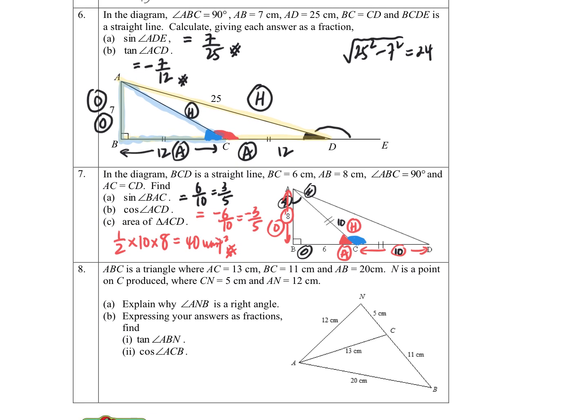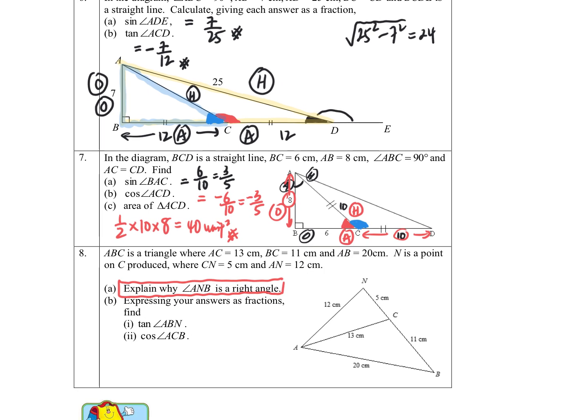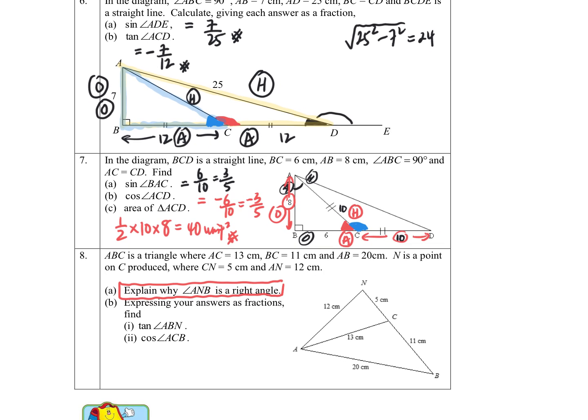Okay, the only one that was horrendous is this one. You all forgot how to use converse of Pythagoras theorem. So I just write it one time here. Converse of Pythagoras theorem, you look at the triangle they want you to prove. Always start from the longest length. Ravan, listening or not? So start from the longest length. AC square is 13 square, which is 169. Okay, then go and sum up the squares of the other two sides.